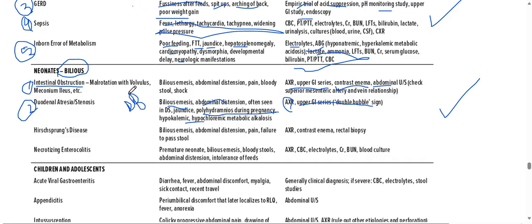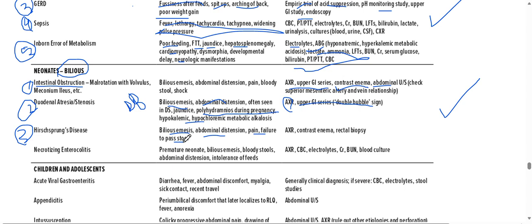Next thing we need to remember is Hirschsprung disease. Again there will be bilious vomiting, abdominal distension and pain, and failure to pass stool. Always remember, Hirschsprung disease can lead to toxic megacolon, and there will be constipation, and the child is unable to pass meconium soon after birth.